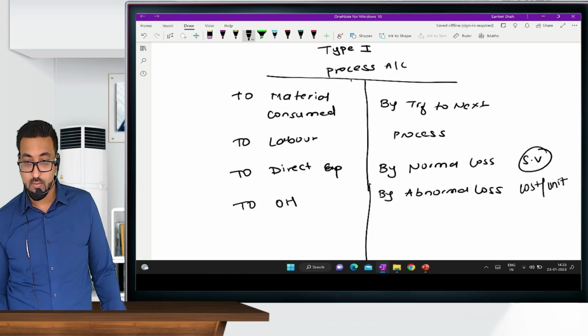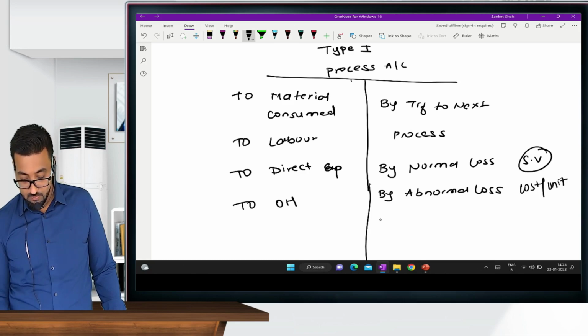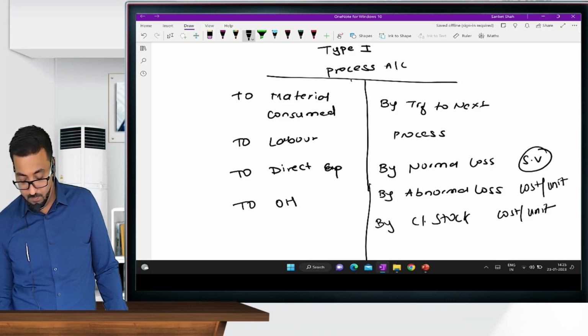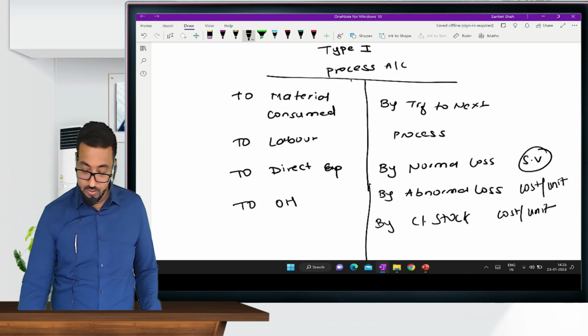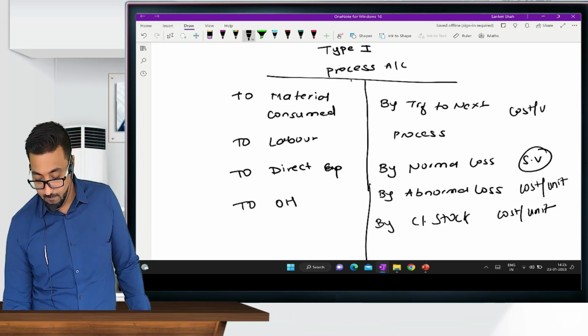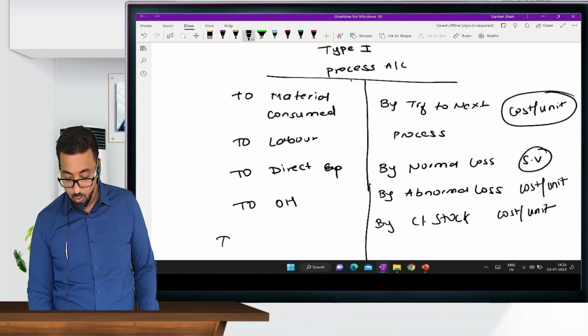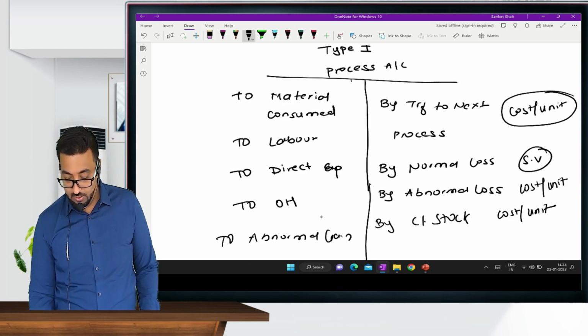And by closing stock at cost per unit, and to abnormal gain at cost per unit.